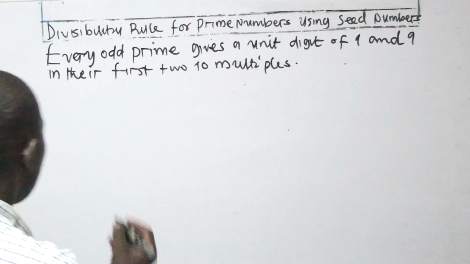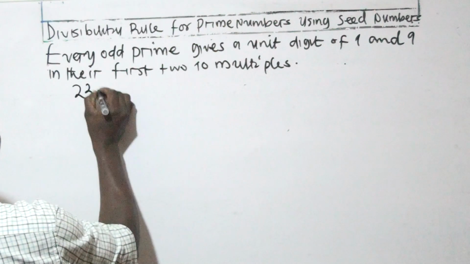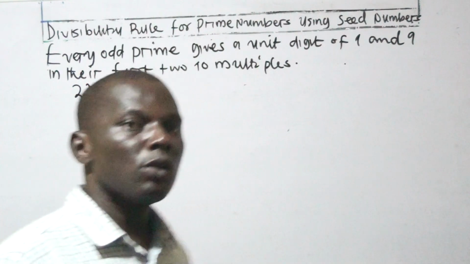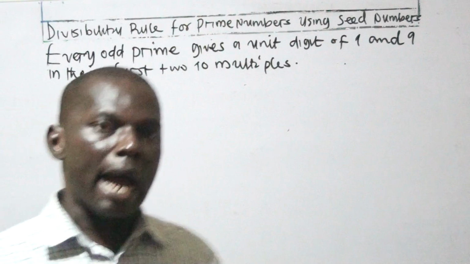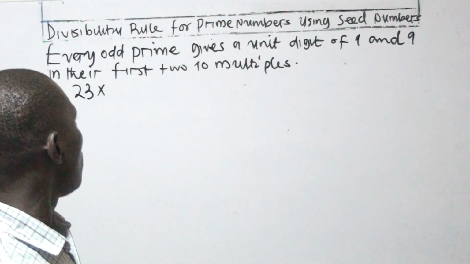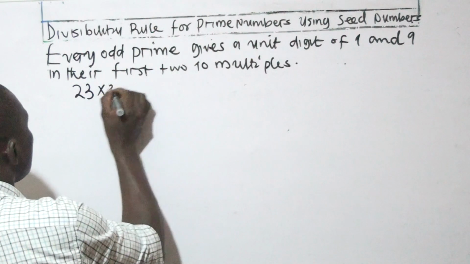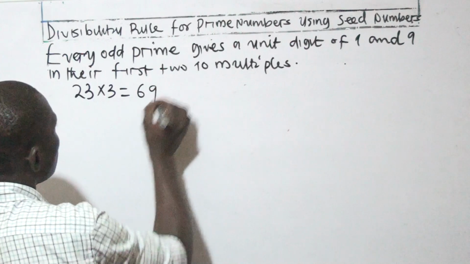Okay, for 23, let's look at 23. We're going to look at a number that we use to multiply 23 so that the unit digit would be either 1 or 9. So that will be our next step. 23 times 3 will give us 69.